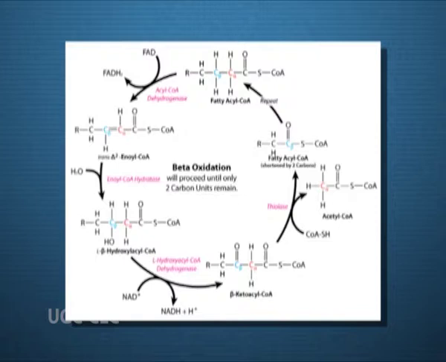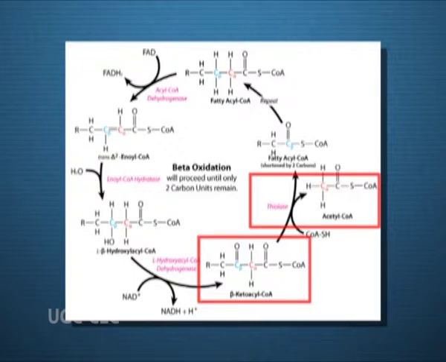And number 4, CoA-requiring cleavage of the resulting beta-ketoacyl-CoA by acyl-CoA acetyltransferase or thiolase to form acetyl-CoA and a fatty acyl-CoA shortened by 2 carbons. The shortened fatty acyl-CoA then re-enters the sequence again.